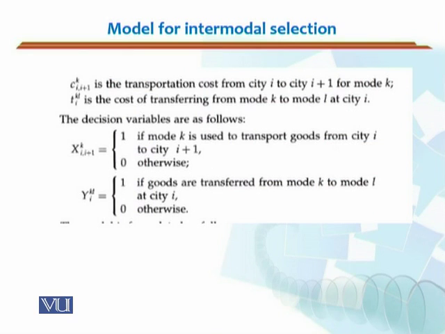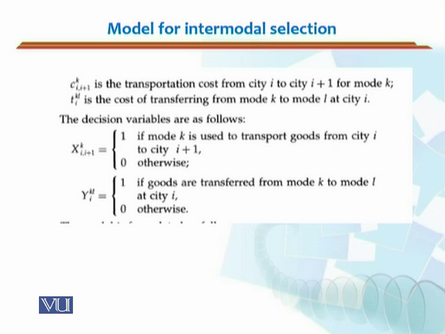In this model, Ci,i+1,k is the transportation cost from city i to city i plus 1 for mode k. Then we have Tikl, that is the cost of transferring from mode k to mode l at city i.